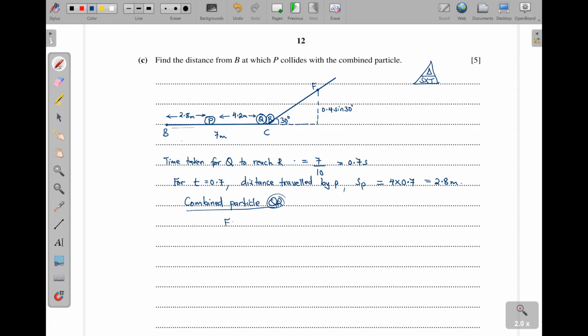If F is equal to MA, okay, this combined particle here, remember, is moving up the plane. So this particle here has gotten no force taking it, okay? We have, let's say the particle is here, okay? No force taking it, but there is mg sine theta here, okay?